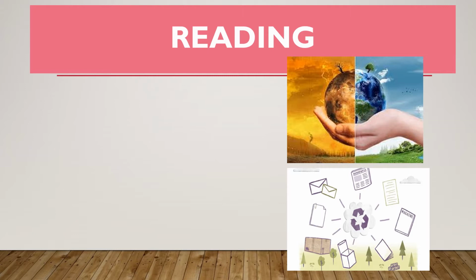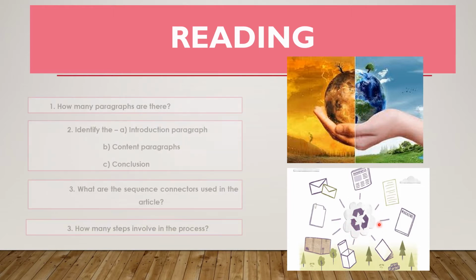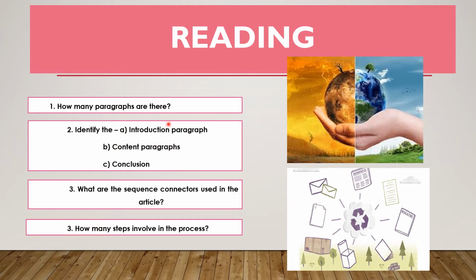Now we're going to do reading today about saving the earth. Let's look at this one. It's in our hand, right? The future of the earth is in our hand. What should we do? What is this symbol? This symbol represents recycling. Now you should read after this, and I want you to look at how many paragraphs there are.